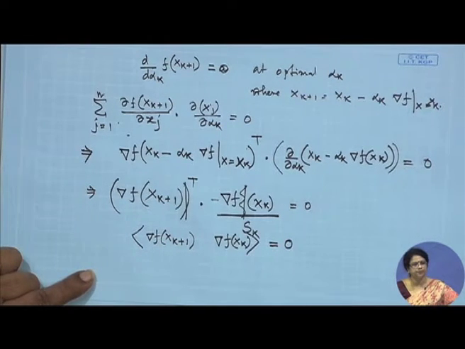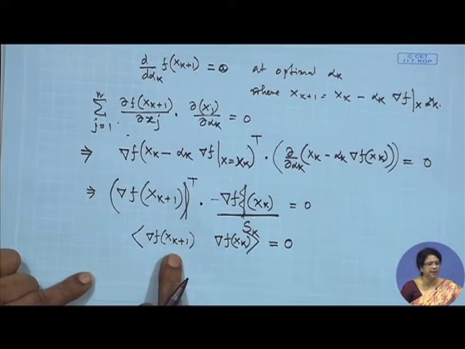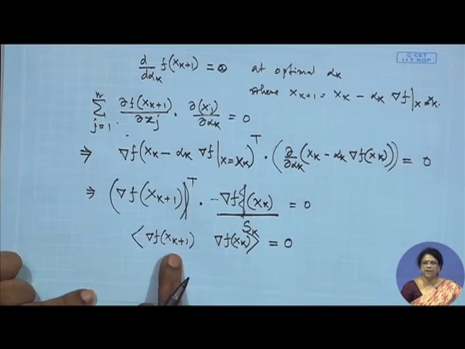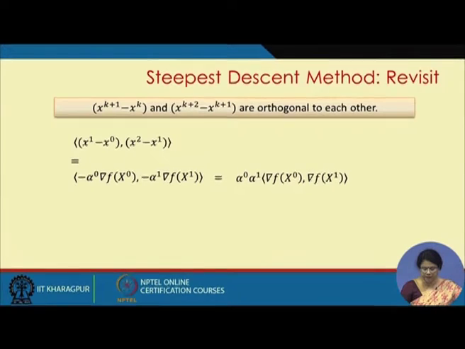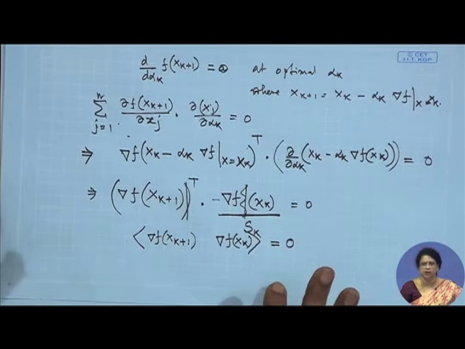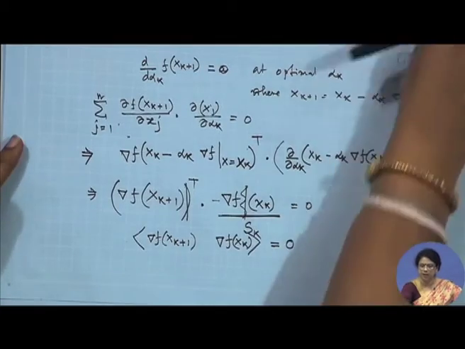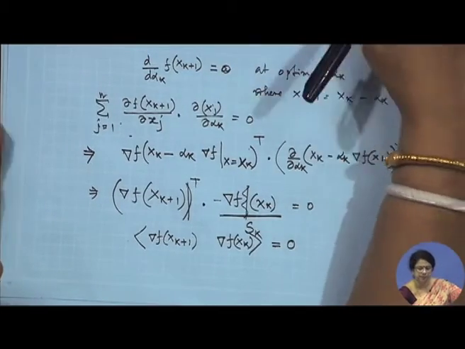Clear? Just put k equal to 0, then we get the inner product of grad of f x 0 and grad of f x 1 is equal to 0. Am I clear? I do not think I need to repeat this once more.